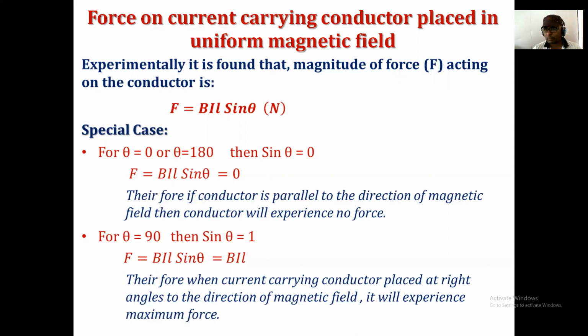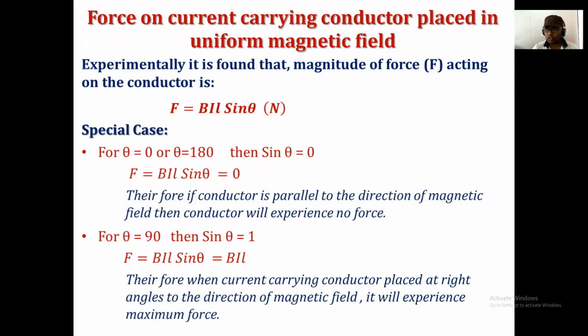In special cases, when the conductor is parallel to the magnetic lines of force, it will experience no force. But when the conductor is at right angle to the magnetic lines of force, it will experience the maximum force.